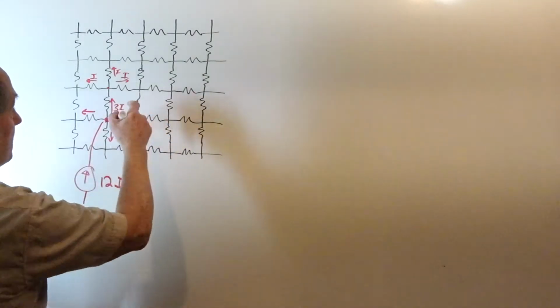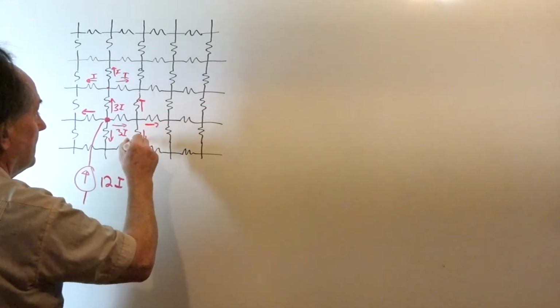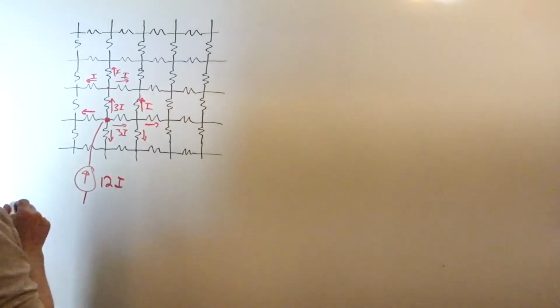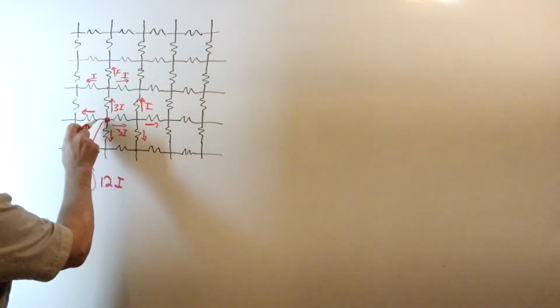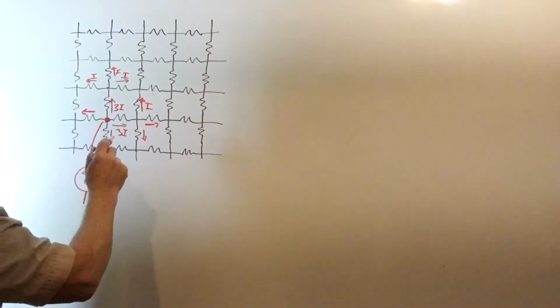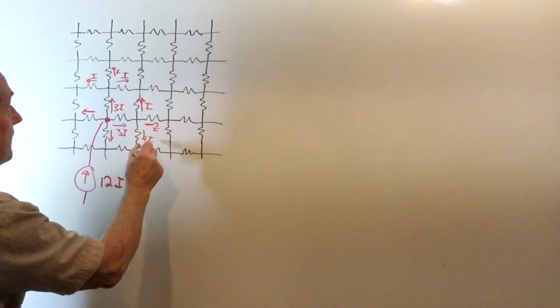Now it's also going to divide 3 different ways using this symmetry argument, so that is also I. 3I is coming in, then 3I is going to leave, a total of 3I, so we have I going in each direction here.